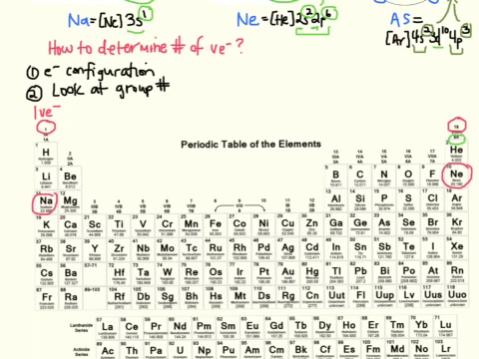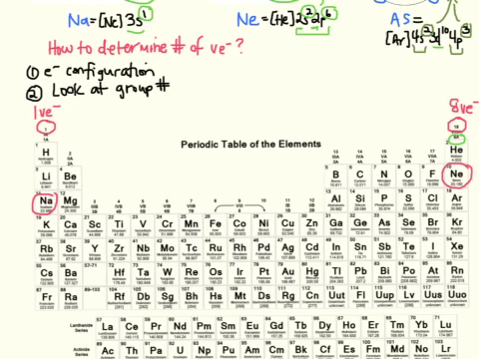Either way, you can figure out the number of valence electrons because if it's numbered 18, you just drop the 1, and that will give you a total of 8 valence electrons. Or if they do the old numbering system, it just says 8, so 8 valence electrons.